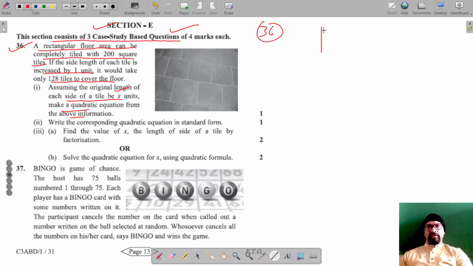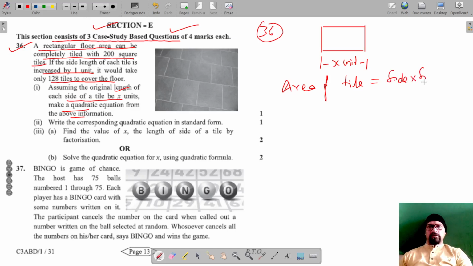Suppose this is the square tile and the length of this square tile is x units. Now the area of the tile is equal to side into side, which gives us x square units.